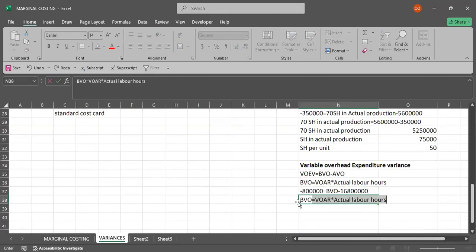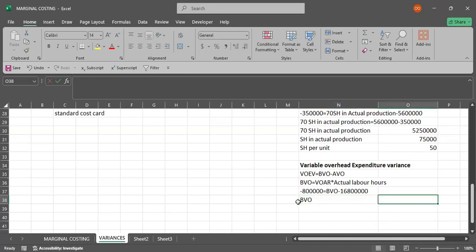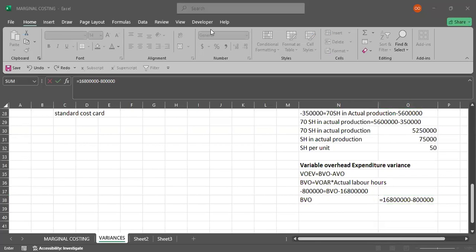Budgeted variable overhead. Make it the subject of the formula. Our budgeted variable overhead will be equal to, so this will be crossing the equal sign to be a plus on the other side, 16,800,000 minus 800,000. What is your budgeted variable overhead?